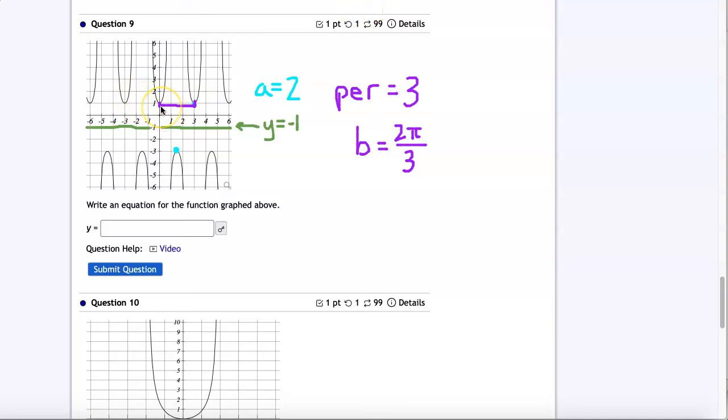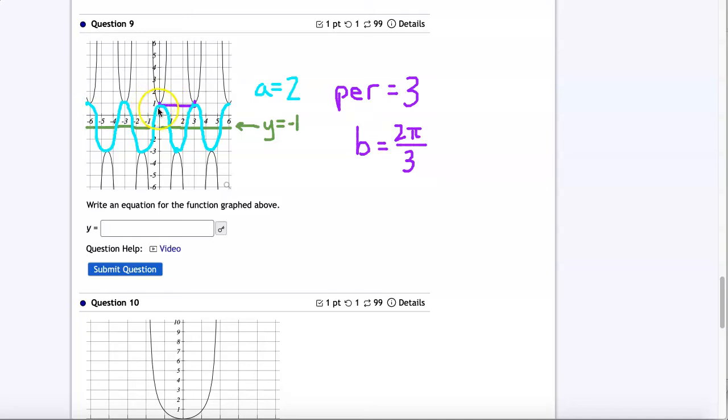If I were to try to graph the curve that is the reciprocal function here, does this look like a cosine graph or a sine graph? Well, based off where it is intersecting the y-axis, this would be a cosine graph.